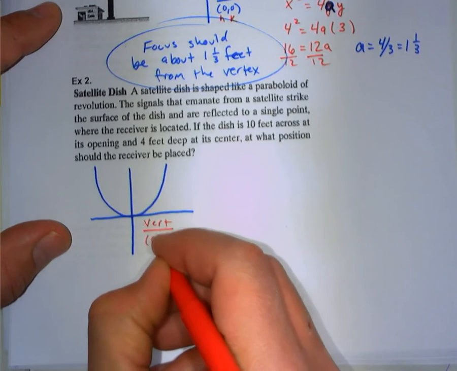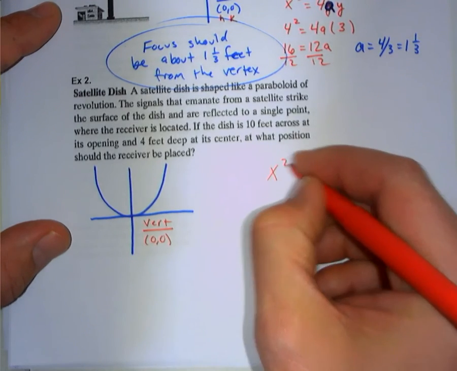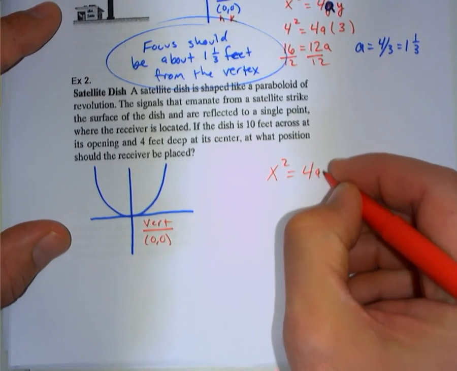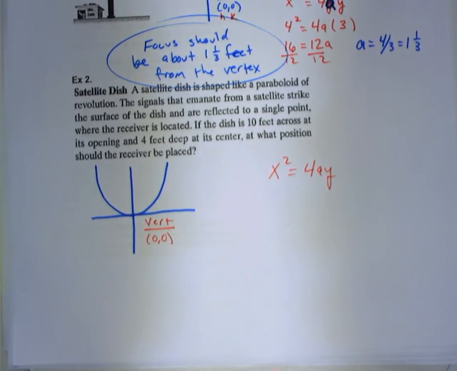Again, I have a vertex at 0, 0, so the formula we typically use for these is this guy here, where h and k are 0, so we don't need to include those.